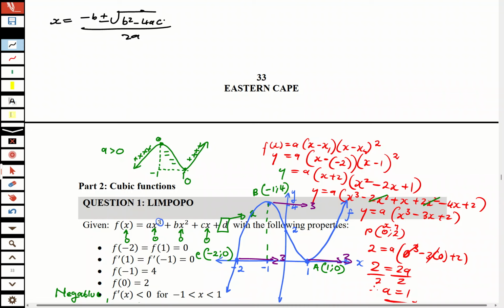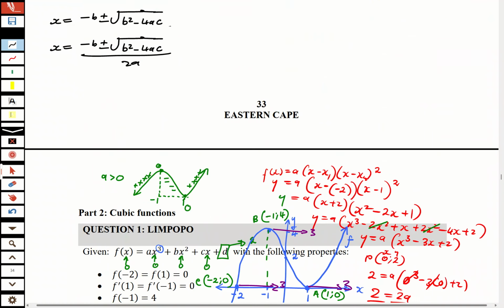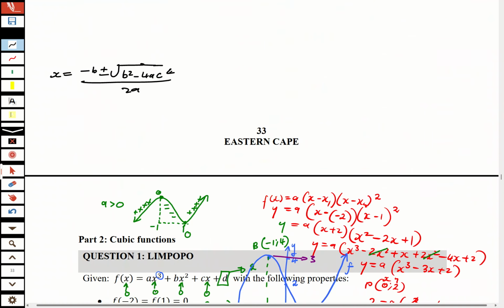Remember that once what is inside the square root becomes negative, this is going to be undefined. So this is what determines your roots. So since here you have no real roots, it means the inside, we call the inside there, the discriminant.